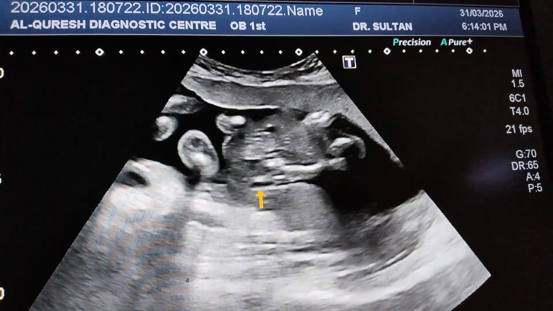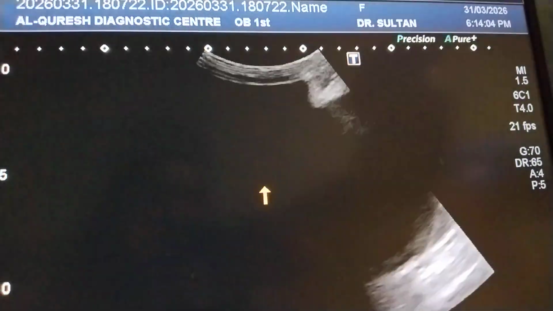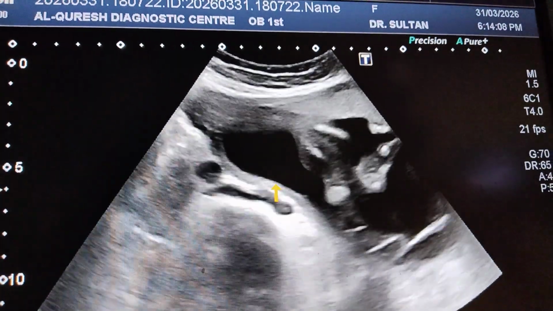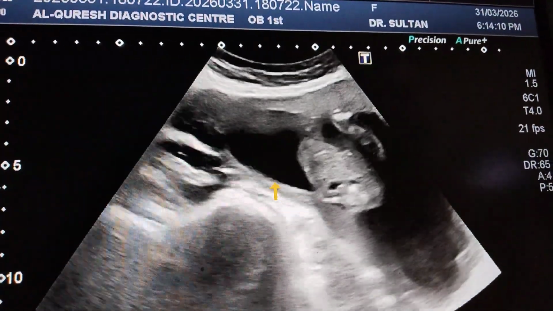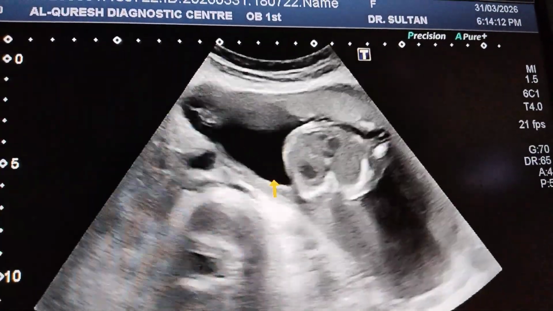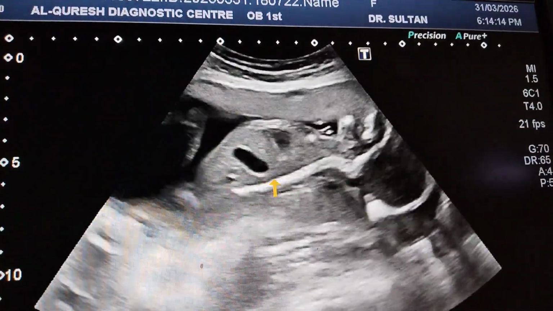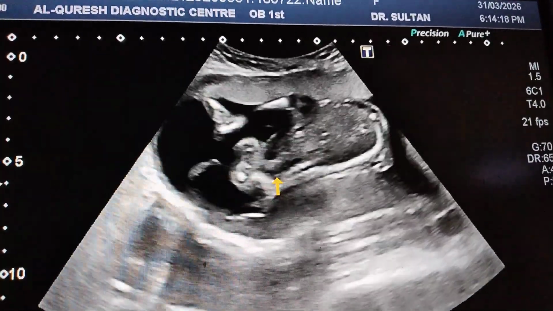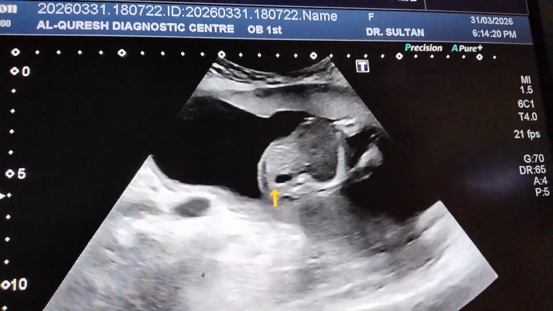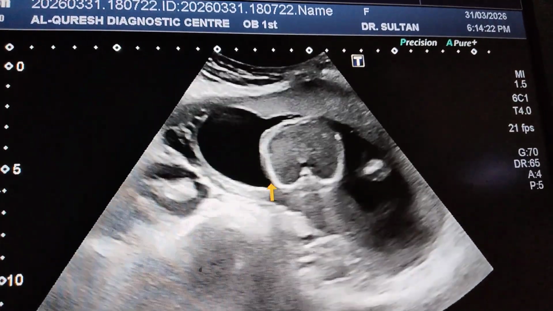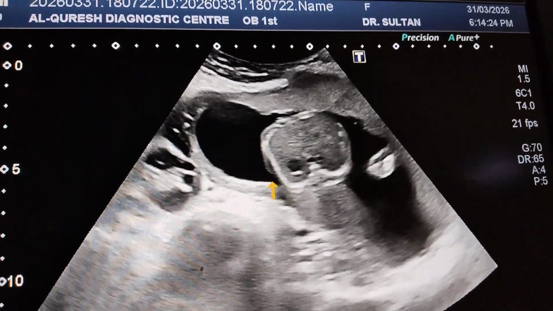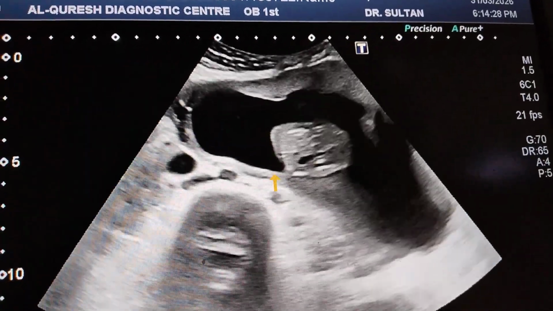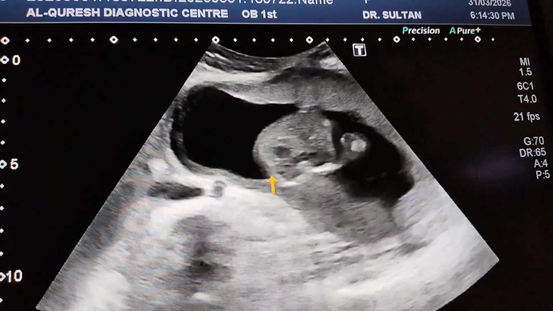So these differentials which I have told you, the meningocele or anterior meningocele, or there may be the rectocele, are all not in this case because there is no spine defect, no spina bifida is also seen.